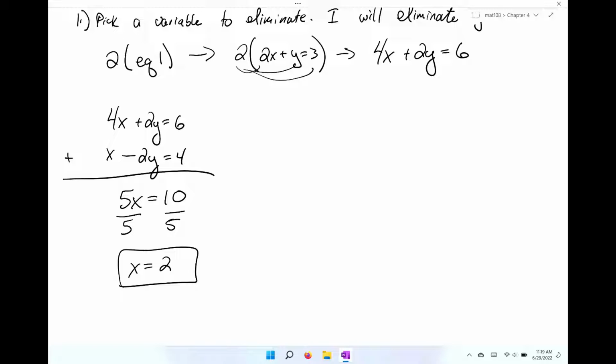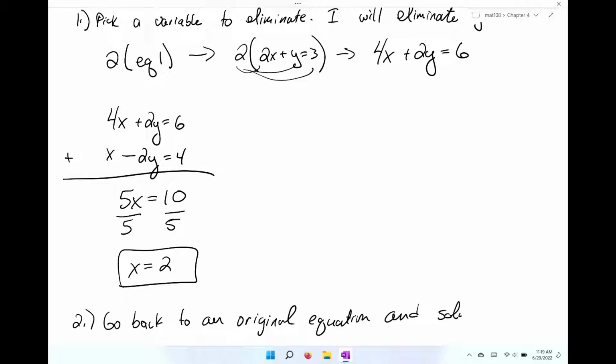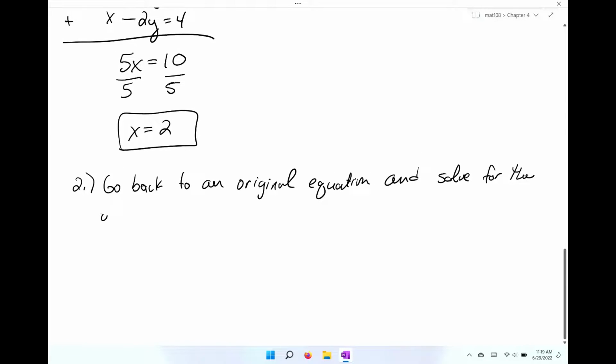All right, now, the next thing we need to do is go back to an original equation and solve for the other variable. We already know x equals 2.